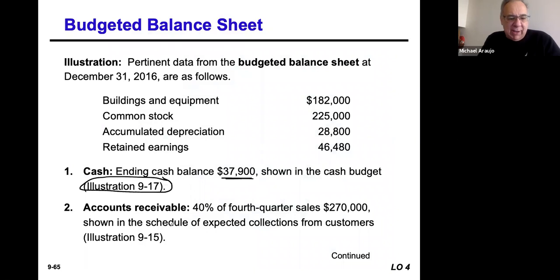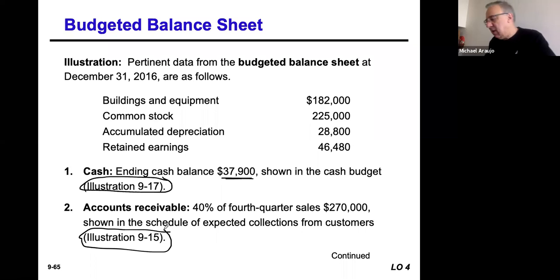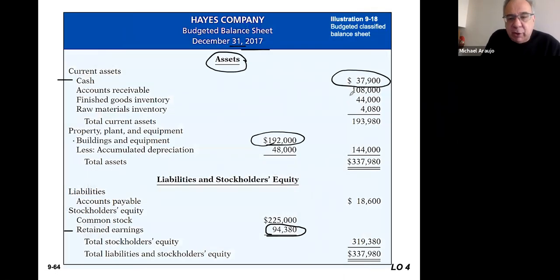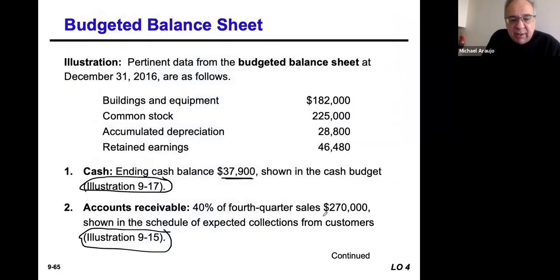You actually had from illustration 9.15, which is on page 377, showing that you had $270,000 of sales, and you have receivables of 40% of that. So that's where the 108,000 comes from. It's 40% of your receivables from that quarter.